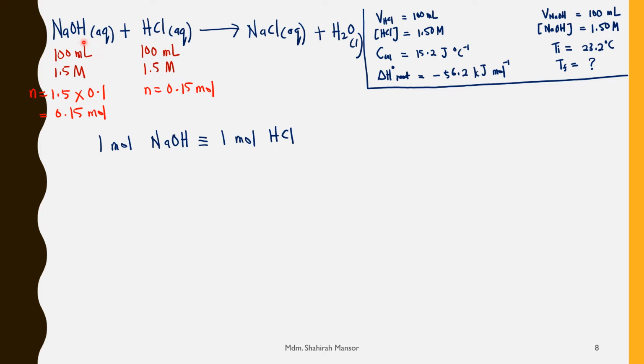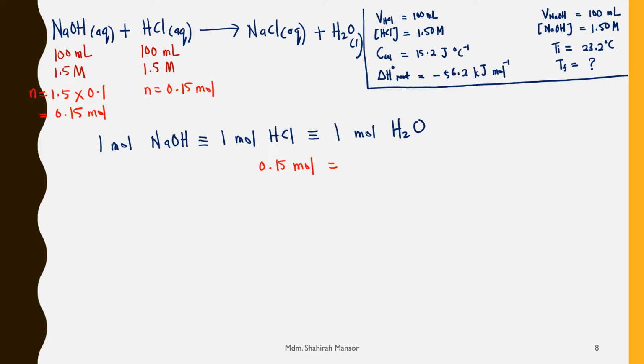Okay, so daripada this balancing equation, we can see that 1 mole sodium hydroxide bersamaan dengan 1 mole of HCl juga berkadaran dengan 1 mole of water. So sekiranya kita dah ada di sini number of mole untuk sodium hydroxide ataupun HCl, which is 0.15 mole.